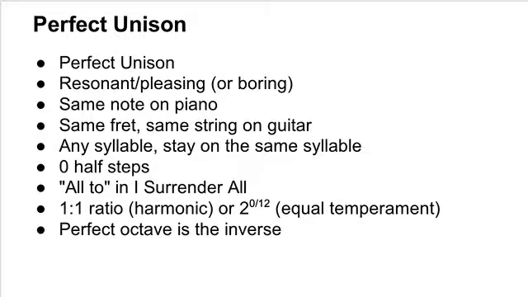The math of it, it's a 1-to-1 ratio. Again, it's the same note, or in equal temperament, the unison is 2 to the 0/12th power. And the perfect octave is the inverse.